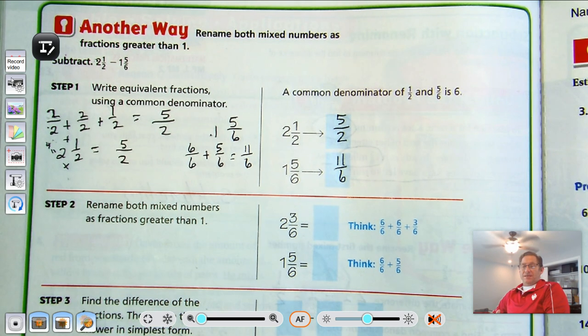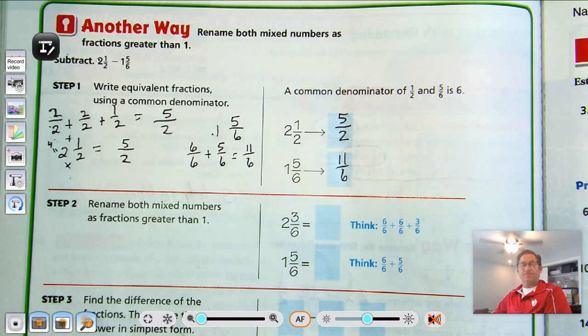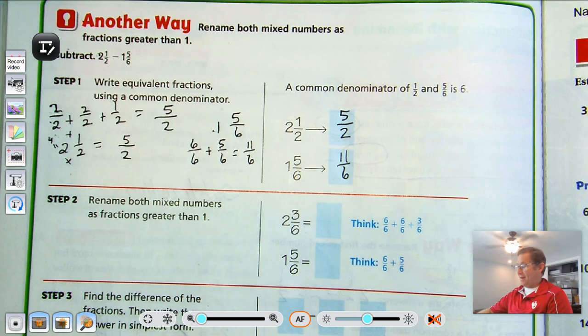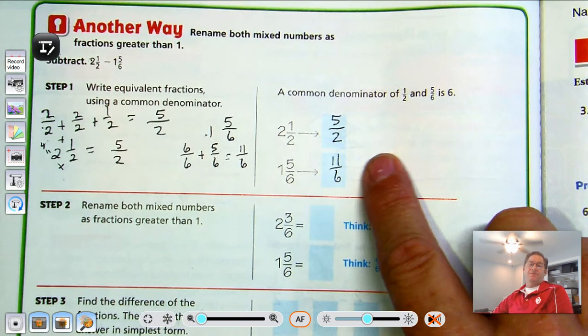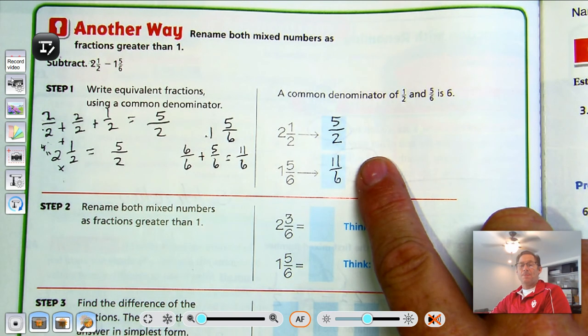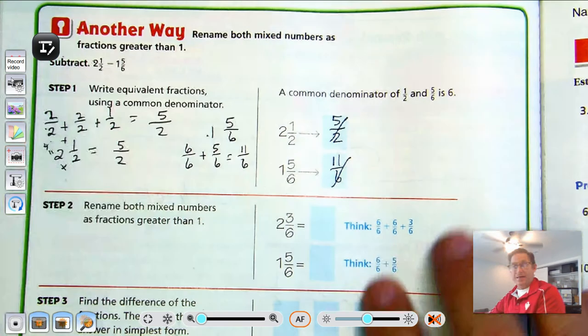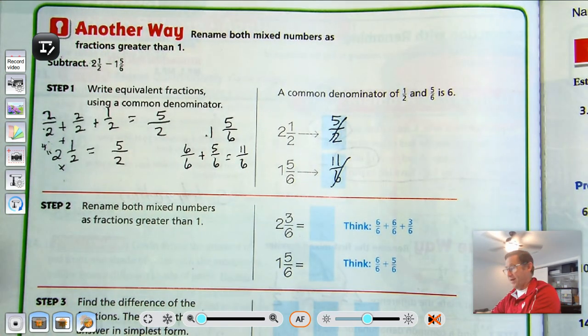Okay, I do need to pause here. I jumped ahead. I renamed the fractions as fractions greater than 1 before finding a common denominator. So I want to back up before I rename them.